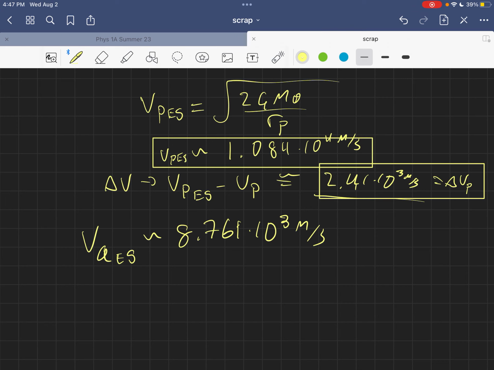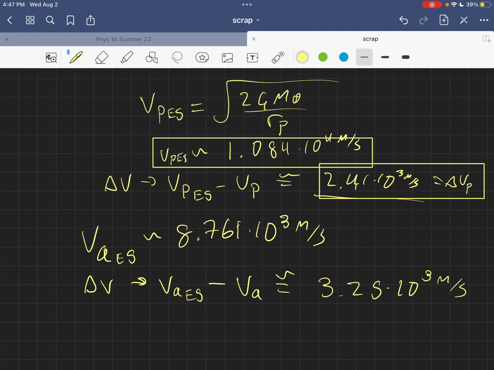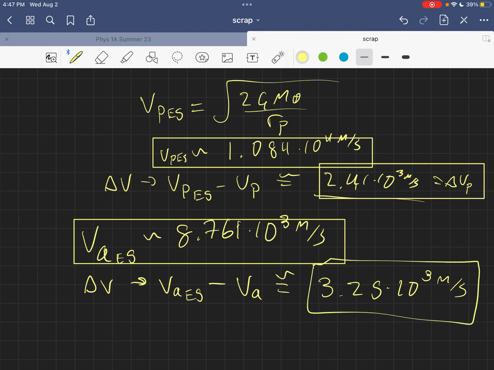Okay, so a higher escape velocity is needed. And the delta V would be even greater still. So it would be 3.25 times 10 to the 3rd meters per second.